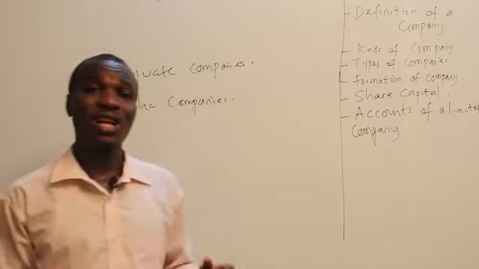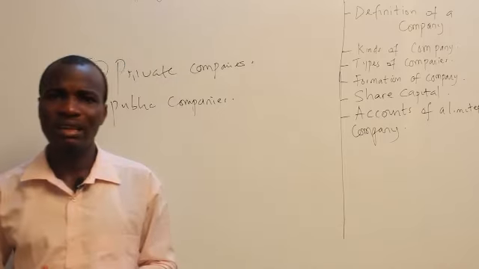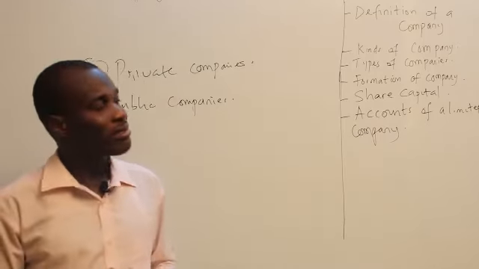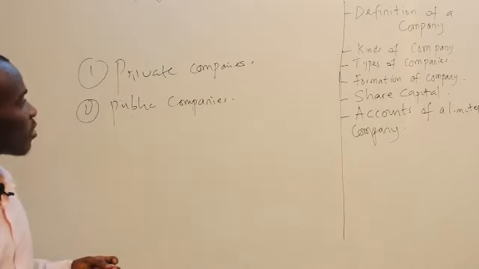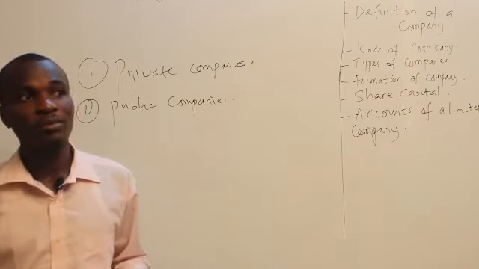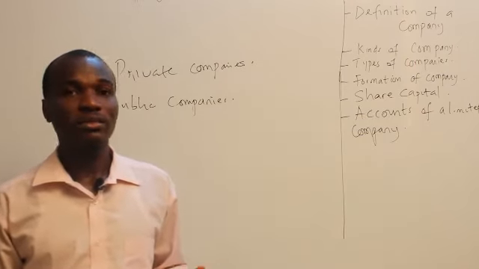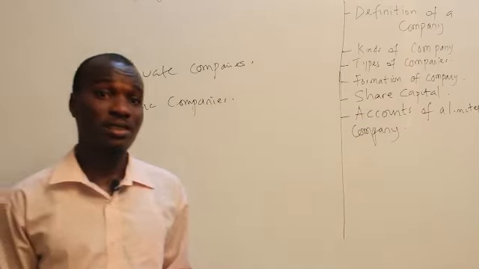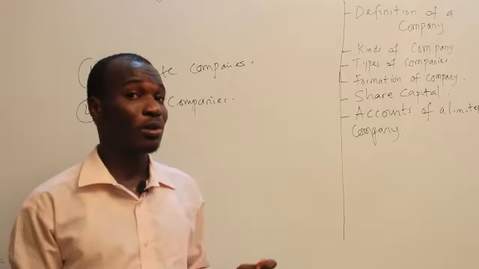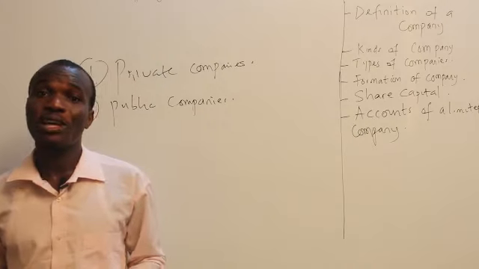And again, what usually distinguishes private companies from a public company is the fact that the shares are not freely transferred. That is, shares cannot be transferred from one shareholder to another without the knowledge of other shareholders.